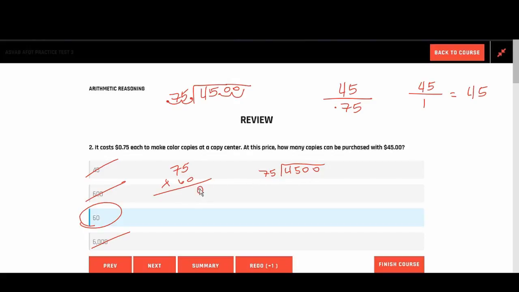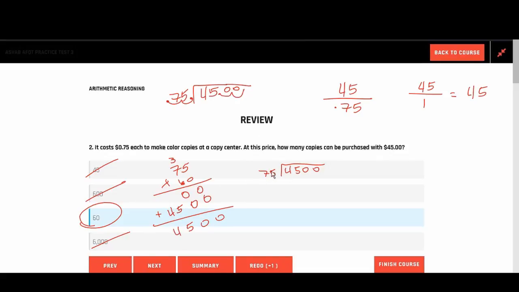5 times 0 is 0. 0 times 7 is 0. Add a 0 since we're starting this number. 5 times 6 is 30, so we put a 0 there and carry the 3. 7 times 6 is 42, plus 3 is 45. Let's add: 0 plus 0 is 0. 0 plus 0 is 0. 5 plus nothing is 5. 4 plus nothing is 4.